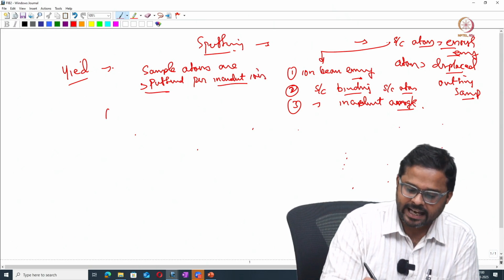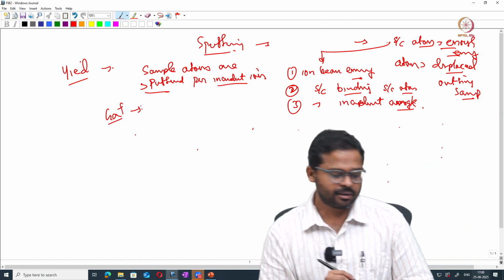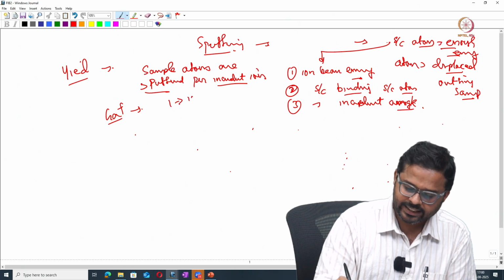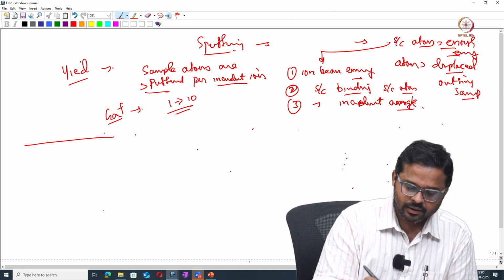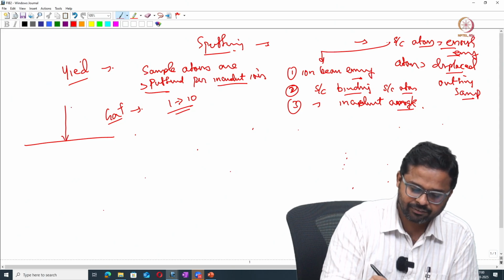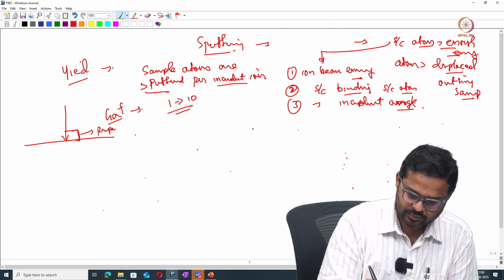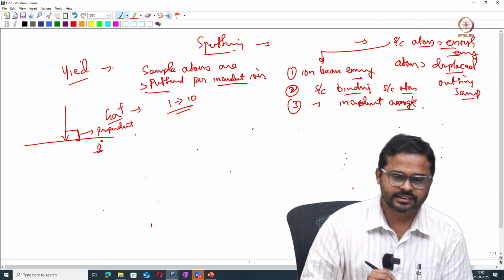For gallium ions, in the FIBs where you use the gallium ion source, this yield is between 1 to 10 for an ion beam interacting with the sample surface perpendicularly, or at 0 degree tilt of the sample, correct?